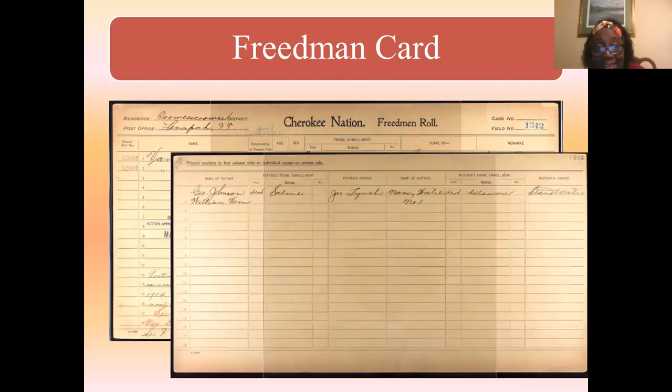On the back side of the card, you see the name of the father of the two people whose names were on the front of the card. So you see the names of the father, of who the owner, the slaveholder, was, and you see the name of the mother and who had enslaved the mother. So this is important. Many people don't realize that when you're looking at the card, if your ancestors were freedmen, look on the back side for more information.